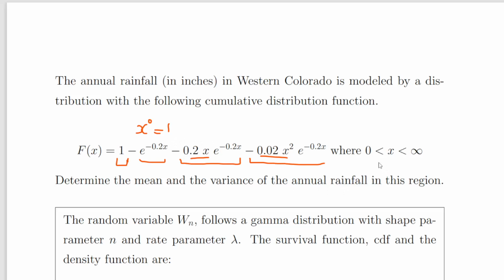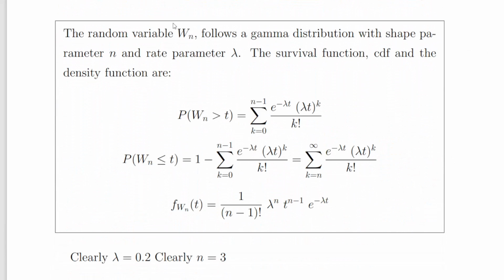Now, where x is between 0 and infinity, determine the mean and the variance of the rainfall in this region. What we have here is a random variable, Wn, which follows a gamma distribution with shape parameter n and a rate parameter lambda. The cumulative distribution function, the survival function, and the density function are given as follows. Just as a quick remark, there are multiple specifications for the gamma distribution.